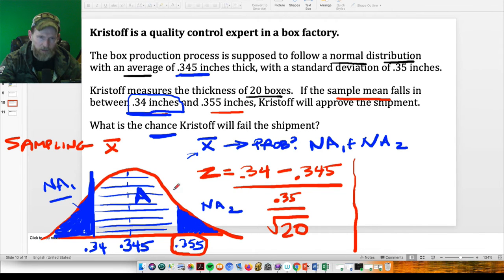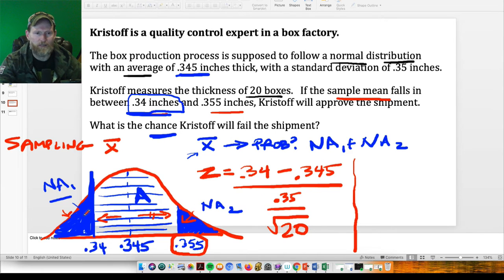The distribution is symmetrical and always will be, but the dispersion of these values is not symmetrical. 0.34 is 0.005 less than 0.345, but 0.355 is 0.010 more than 0.345. That means that this area here is a little bit larger than this area here.